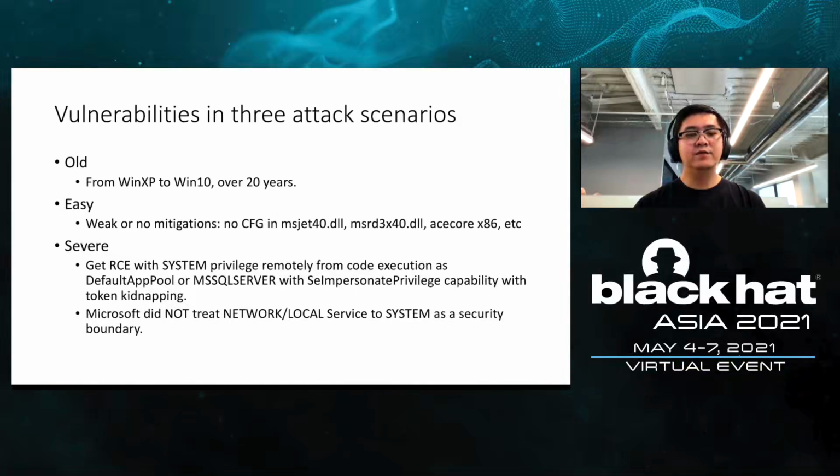The damage is severe since a successful exploitation can execute any code in the IIS and SQL Server processes. Since IIS and SQL Server have the SeImpersonate privilege enabled by default, it's easy to use the token kidnapping technique to escalate the privilege to system. So it is possible to go from SQL injection to remote system.